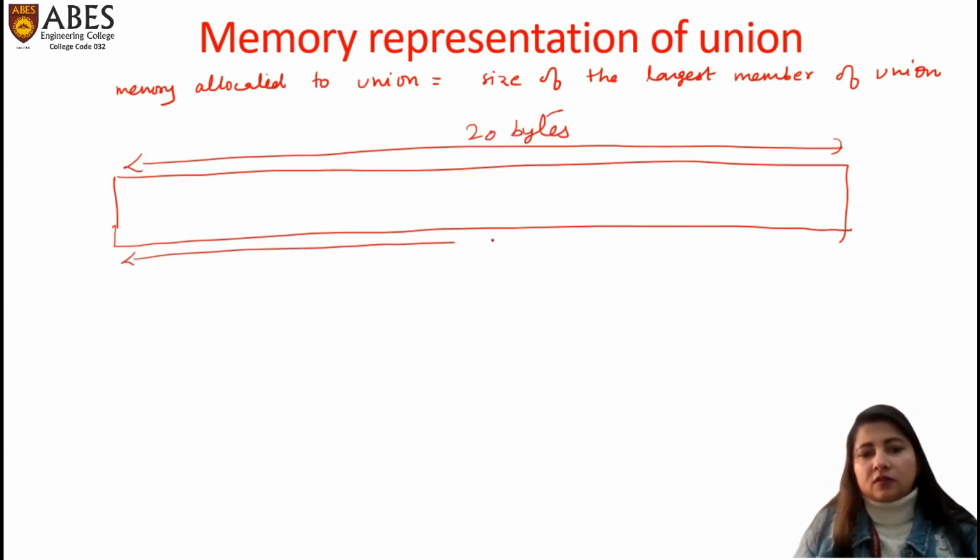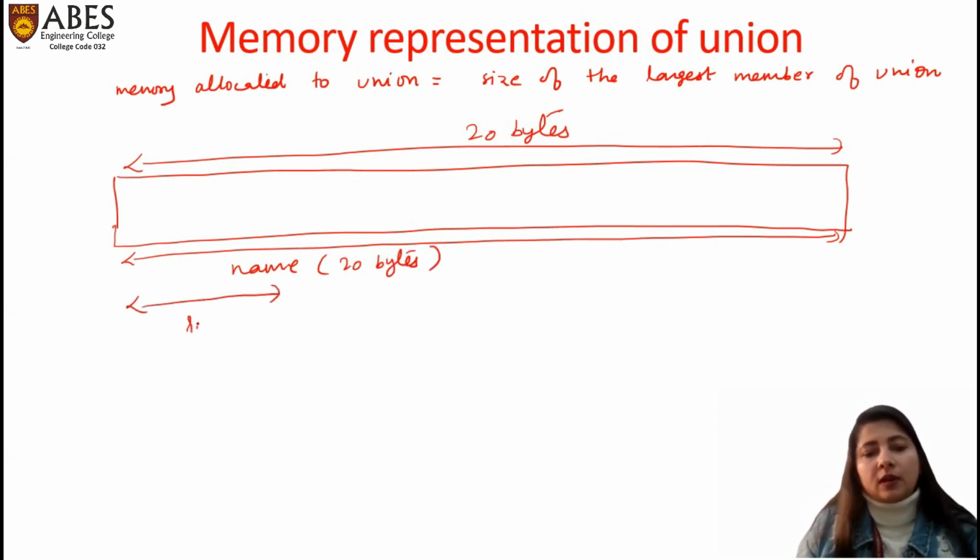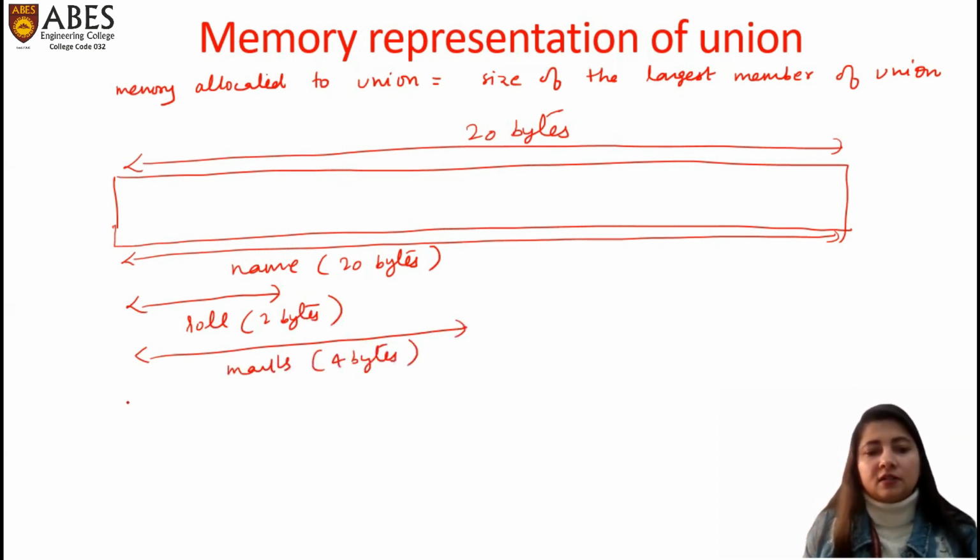So first the user will store name, which will occupy 20 bytes. Then if we store roll number, it will occupy 2 bytes. Then marks will occupy 4 bytes, and age will occupy 2 bytes.